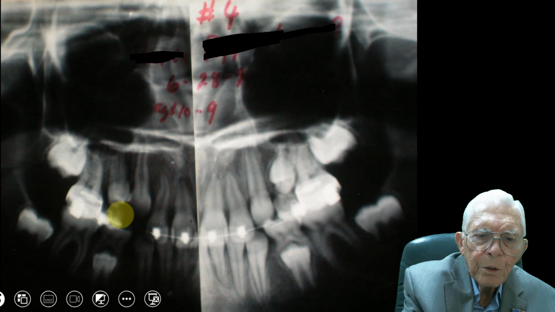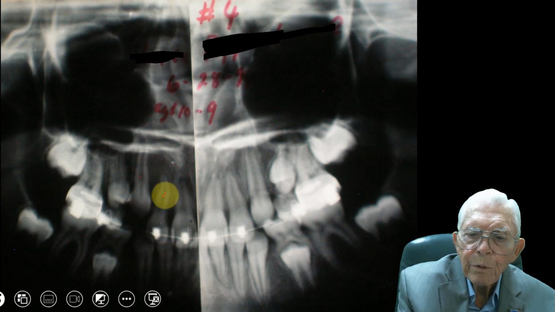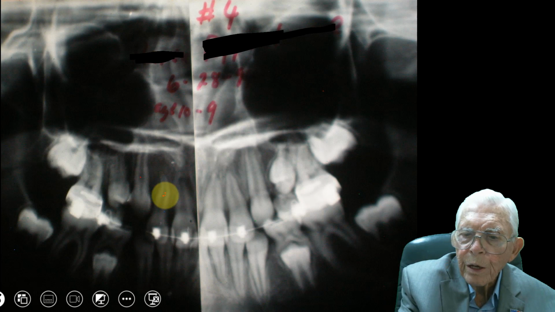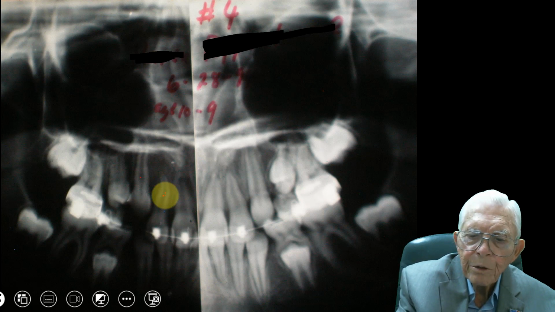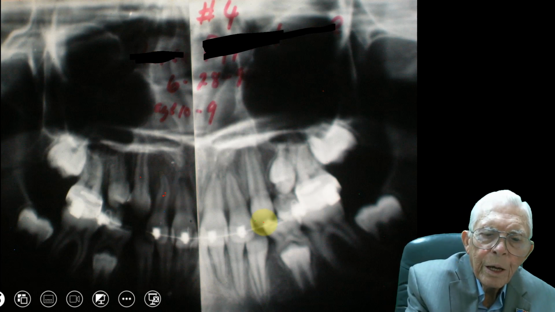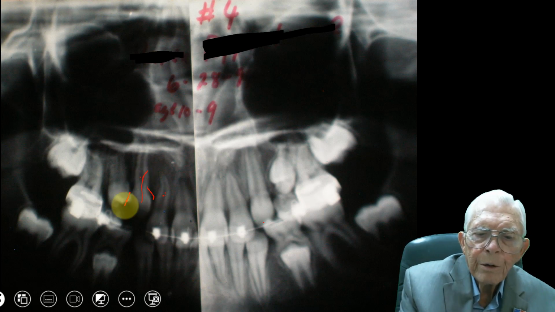Look where this tooth that had been growing into this crooked root, this one over here has some crook to it, but not as much. And the follicle around this moved that tooth over, and it's headed straight down into this hole. That's what this follicle did: it moved this tooth and it came down here.